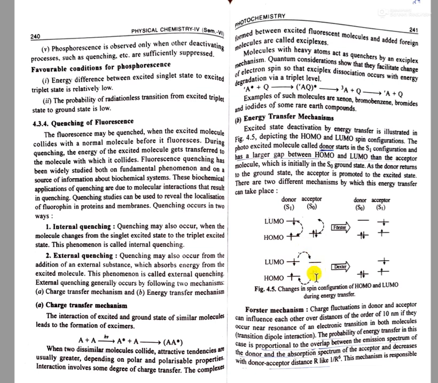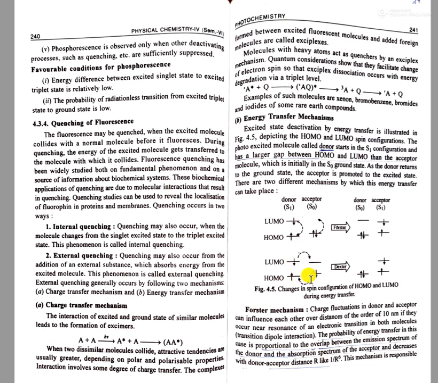So this is a simultaneous electron transfer occurring in the Dexter mechanism, and it is also proposed that this type of electron transfer is possible only if there is considerable orbital overlap between the donor and the acceptor molecule. So this is the Dexter mechanism.